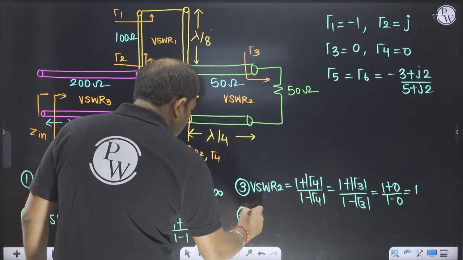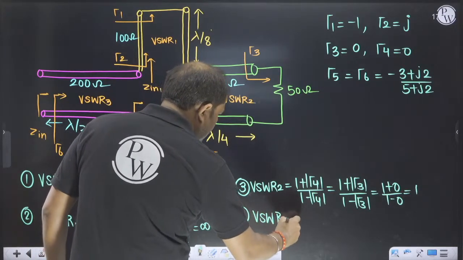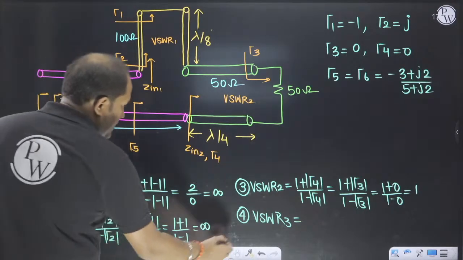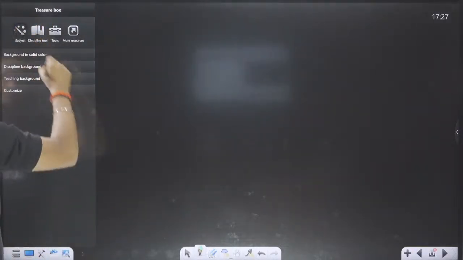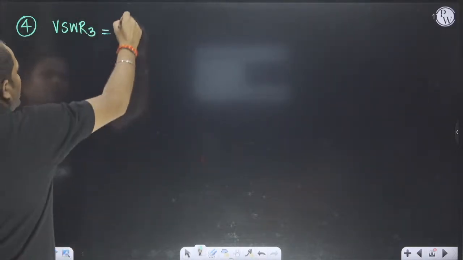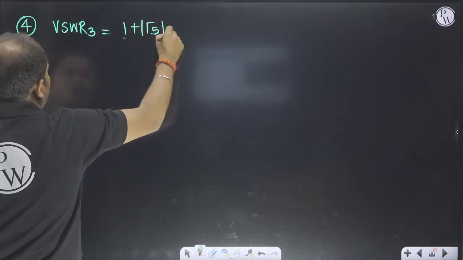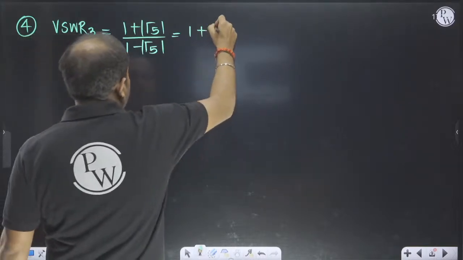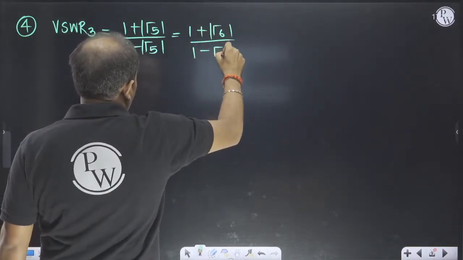Then after that we have VSWR 3. How much will it be? It is 1 plus mod gamma 5 over 1 minus mod gamma 5, and similarly 1 plus mod gamma 6 over 1 minus mod gamma 6.